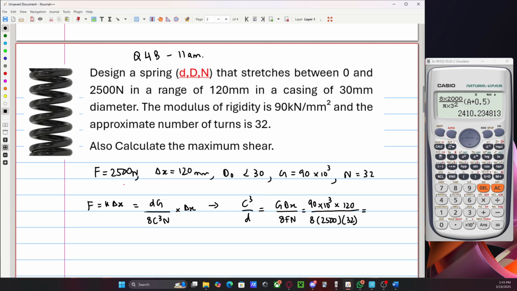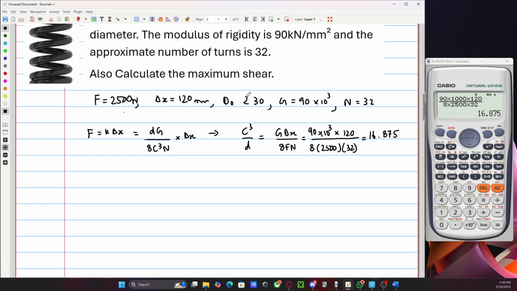Okay, so now if I just scroll back up again, I just change these values, so this will be 32 now, this will be 2,500, and instead of having 100, I'm going to have 120, and instead of having 85, I'm going to have 90. So this gives me 16.875. So we can assume any d.